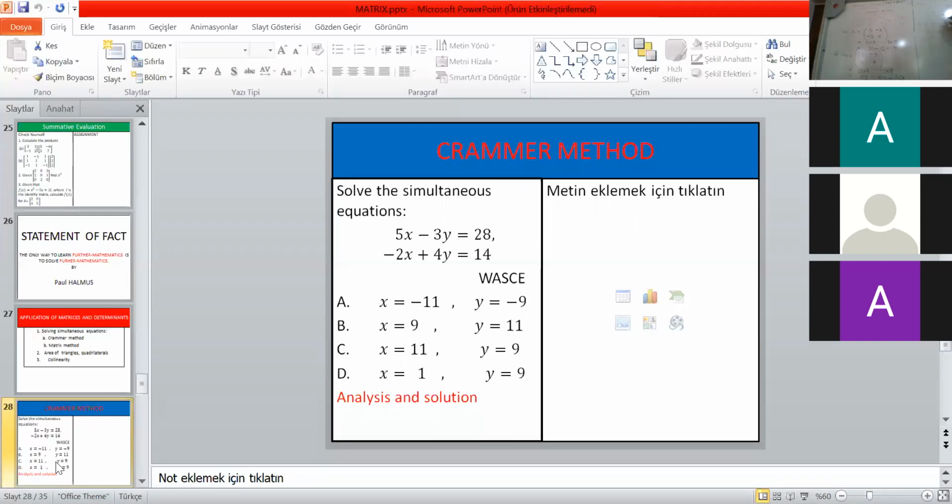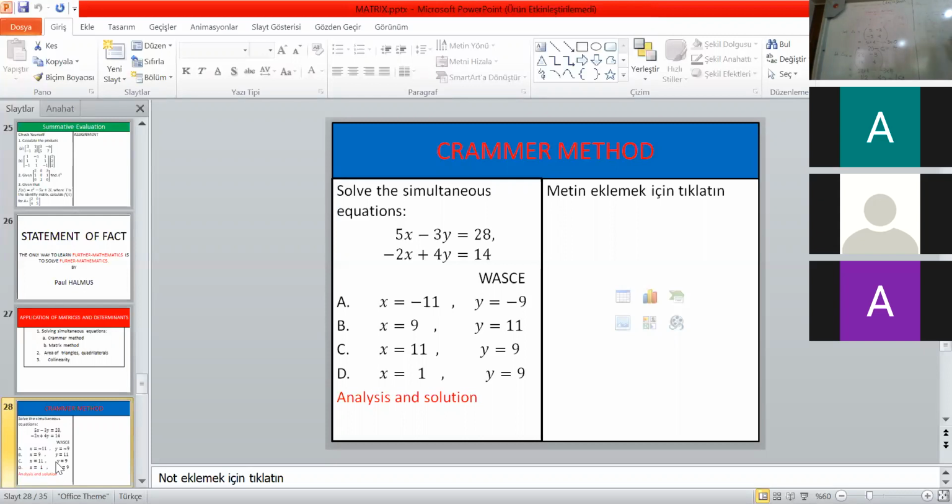So 70 plus 56 gives us 126. Then y is equal to delta y against delta, which is 14. If you divide this, you obtain 9. Now, therefore, x is equal to 11, y is equal to 9.